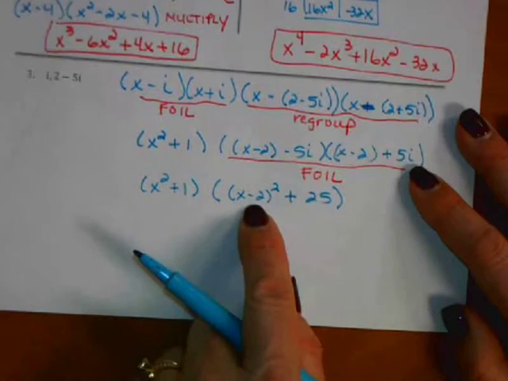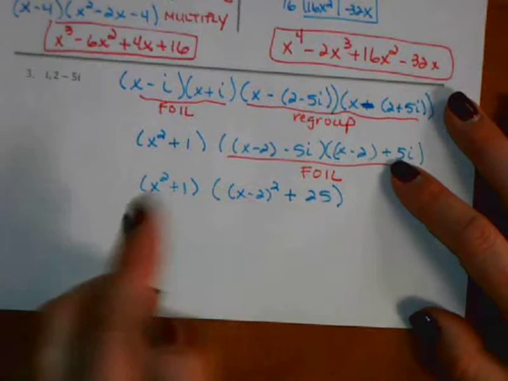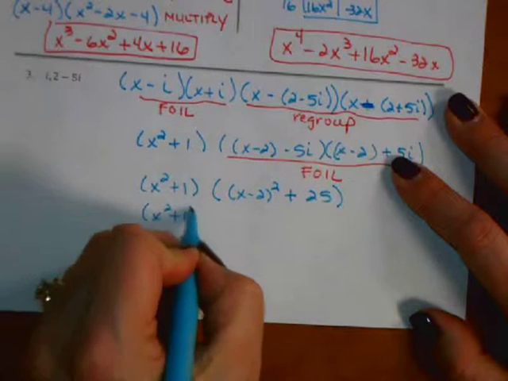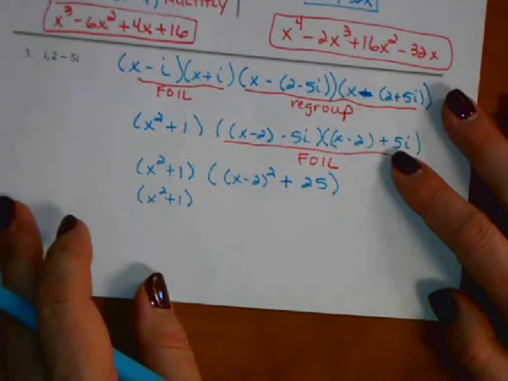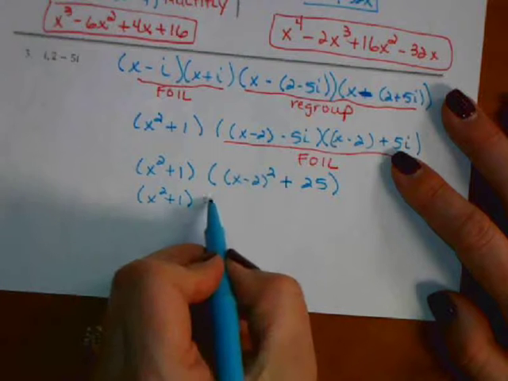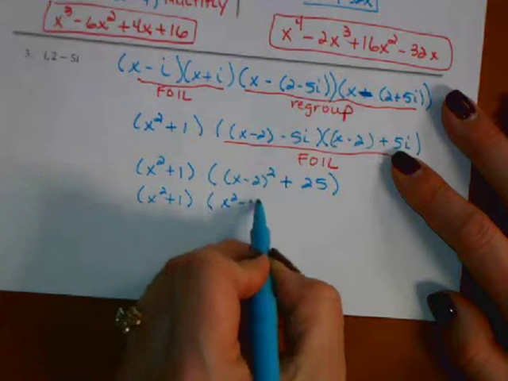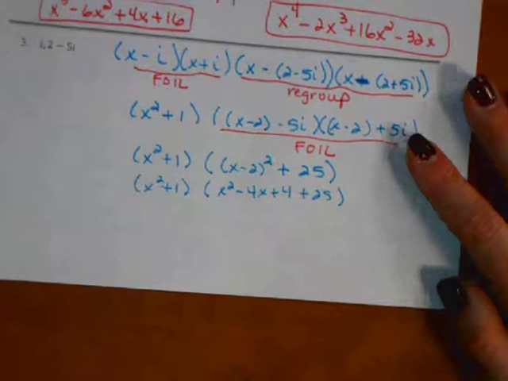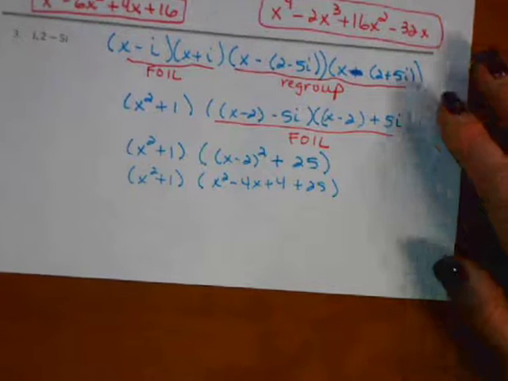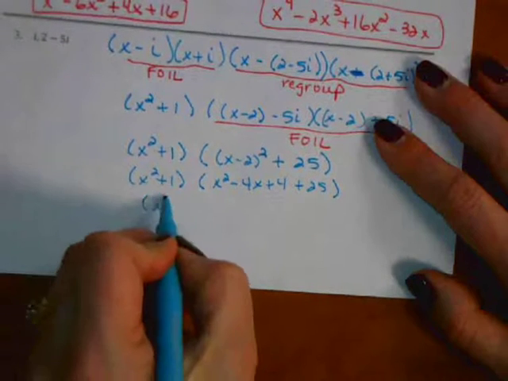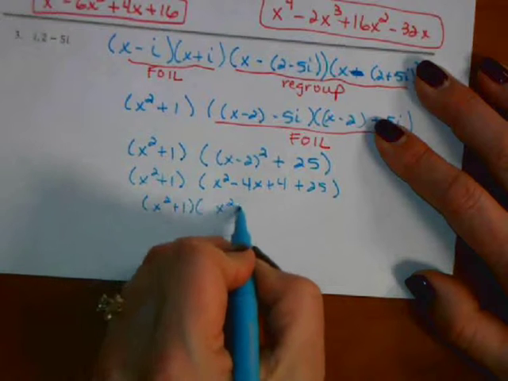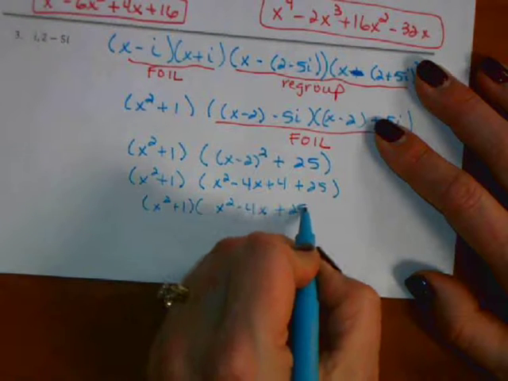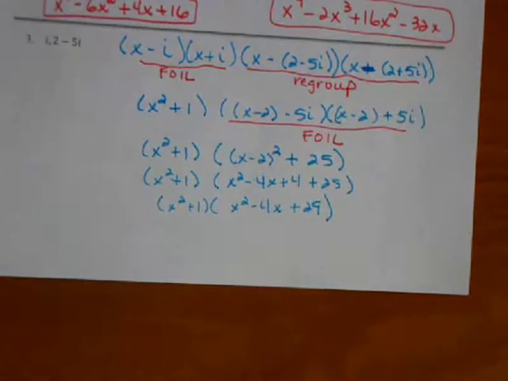And then we FOIL this out so we can combine the 25 in there. So I still am going to leave that first term the same. And I'm going to say it's x squared minus 4x plus 4 plus 25. Combine like terms. And then you got to do what?